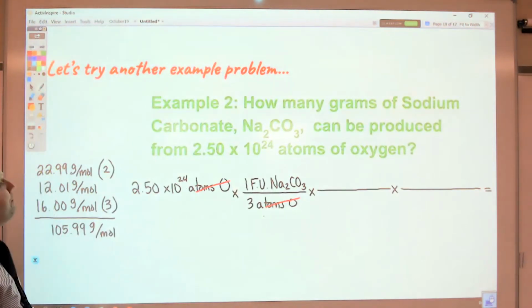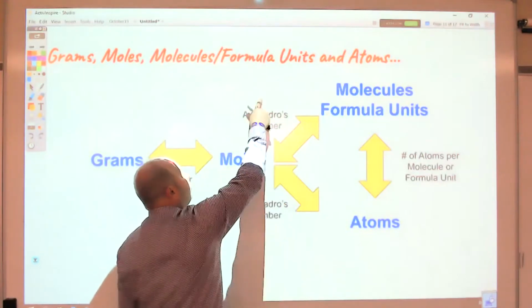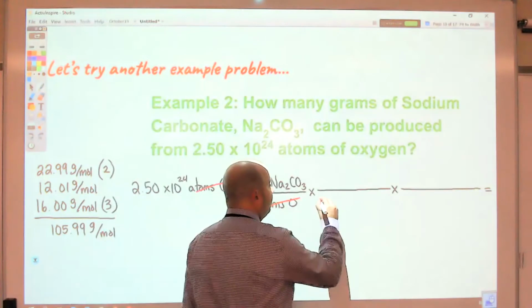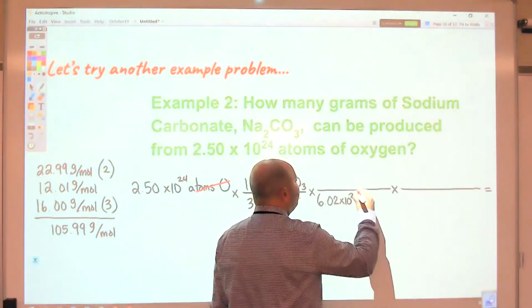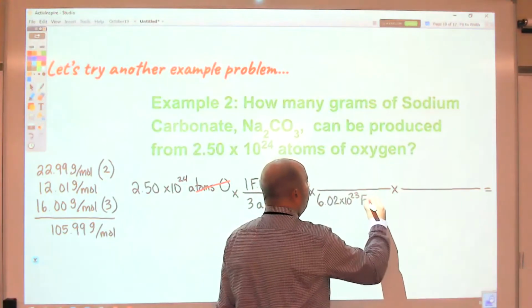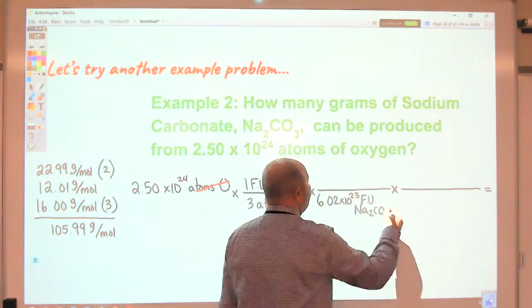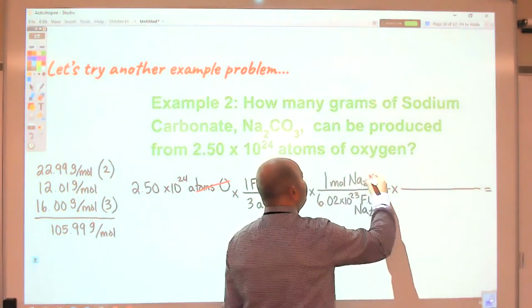And if I look back at my map, I'm now up here. So now I'm going to go down to moles, again using Avogadro's number. 6.02 times 10 to the 23rd formula units of Na2CO3 for every 1 mole of Na2CO3.